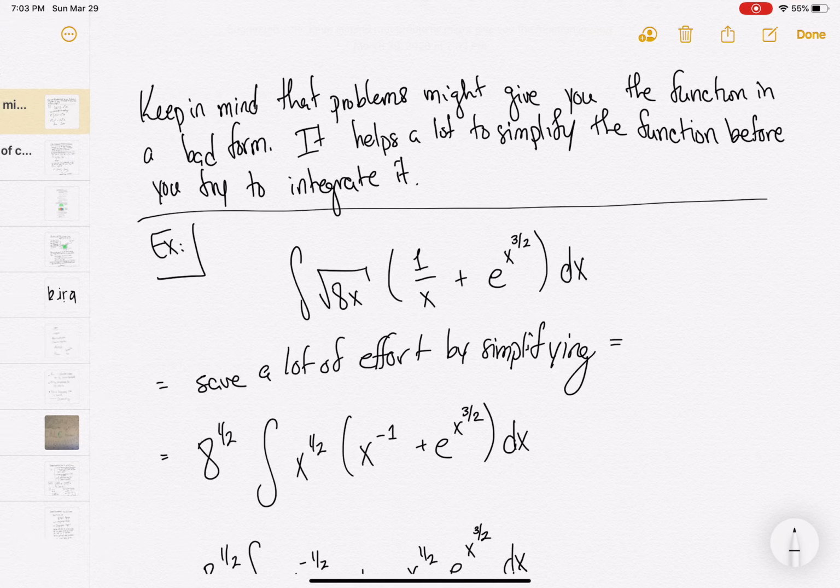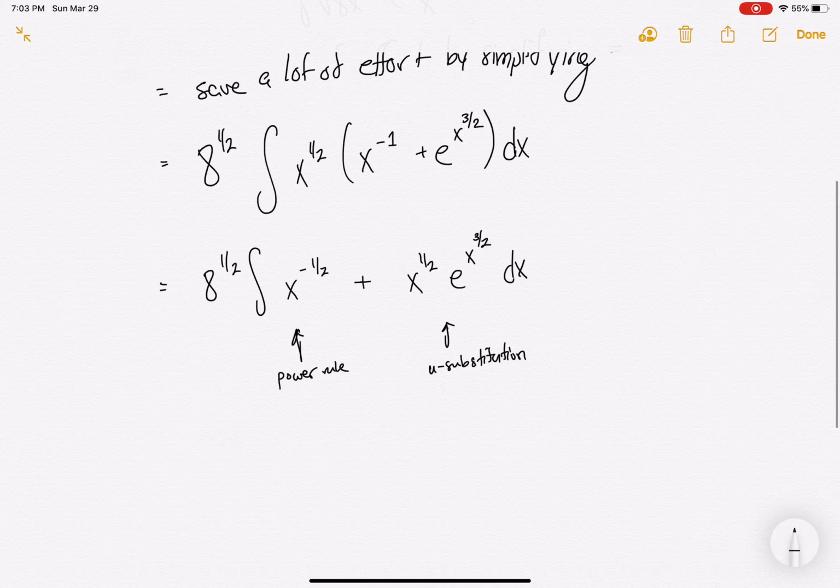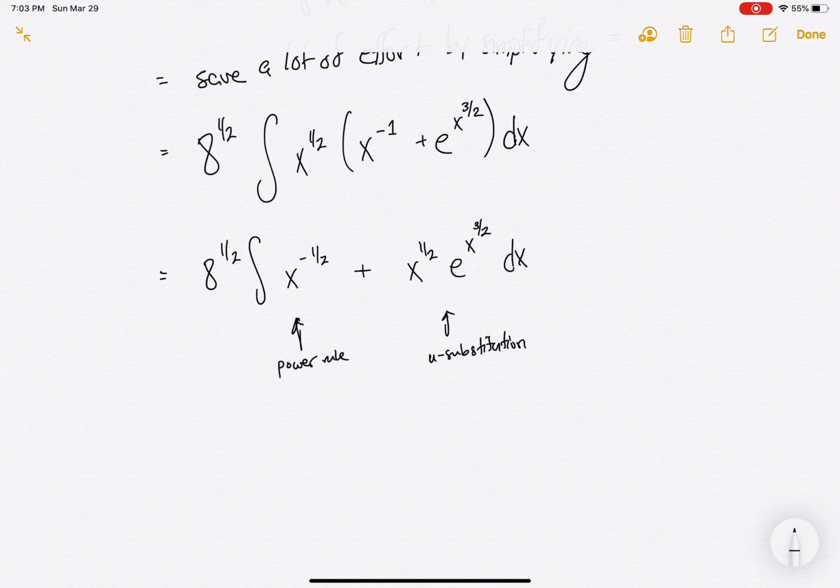So let's do that. Let's just approach this one more time. 8 to the 1/2. If I use the power rule on x to the -1/2, that gives me x to the -1/2 plus 1 divided by -1/2 plus 1. And then the second piece is really 8 to the 1/2.